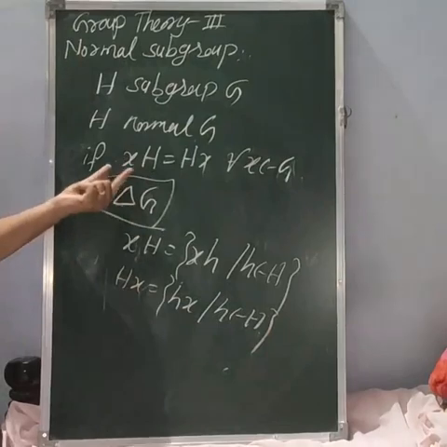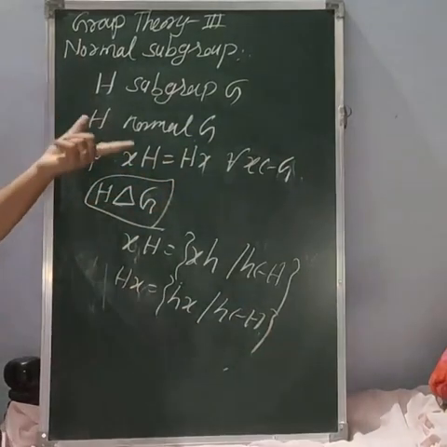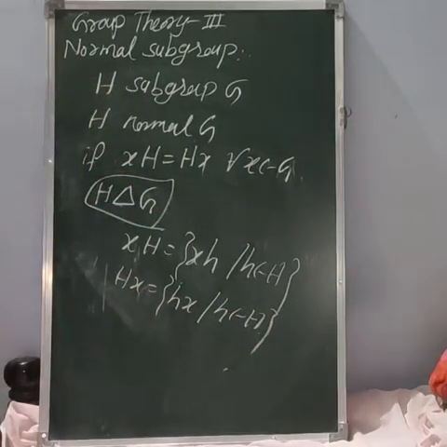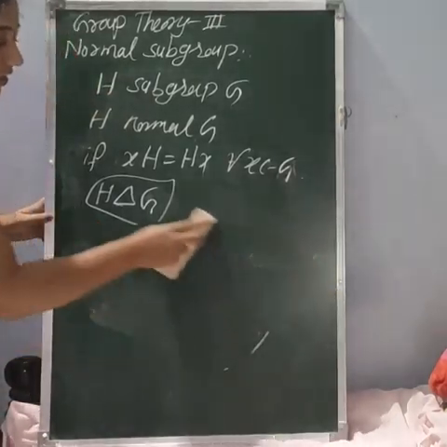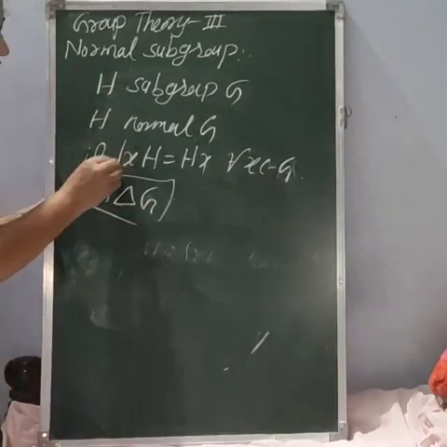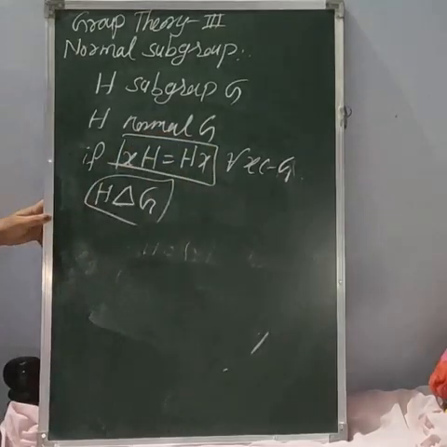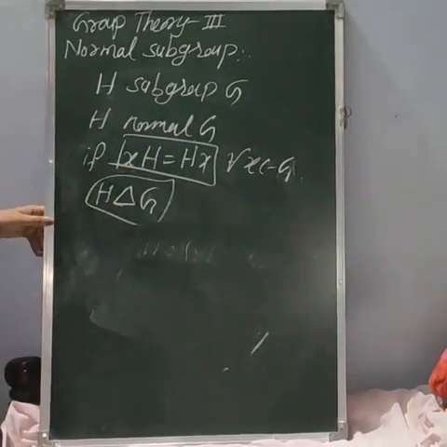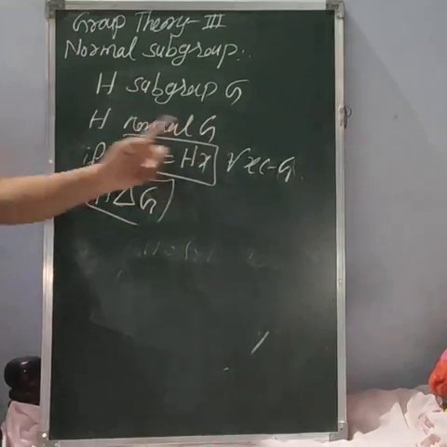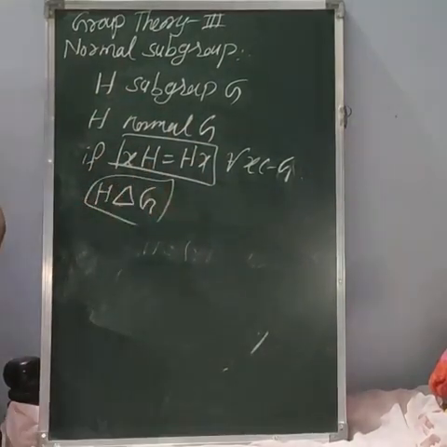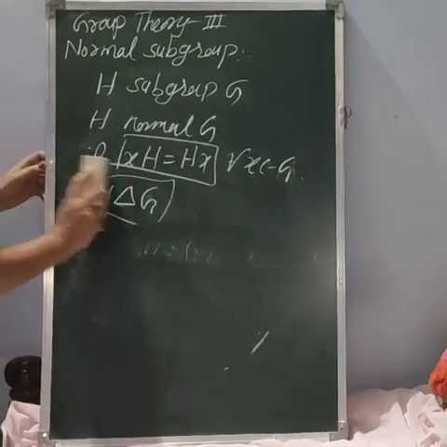If all the left cosets and right cosets are equal, then we can say H is the normal subgroup of G. That is the definition. Only remember this condition. This is a very important condition because using it we have to prove some theorems. So please remember, H is a normal subgroup of G if X into H is equal to H into X.